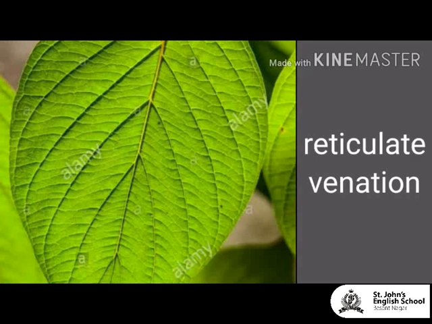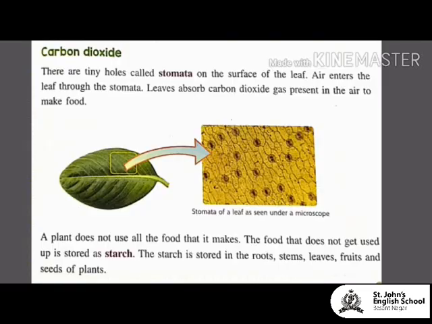Next, we are going to discuss the other important material, carbon dioxide. There are tiny holes called stomata on the surface of the leaf. Air enters the leaves through the stomata. Leaves absorb carbon dioxide gas present in the air to make food. A plant does not use all the food that it makes.